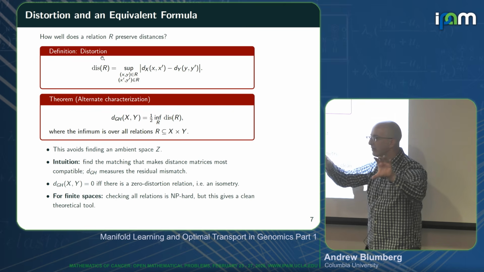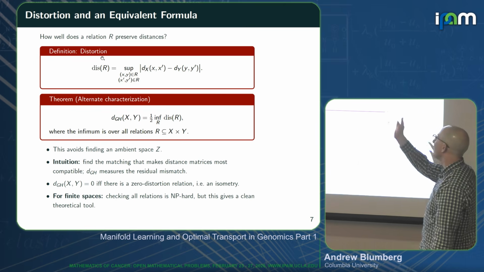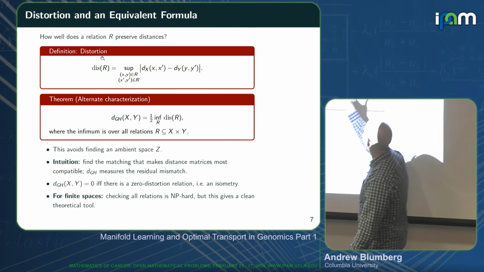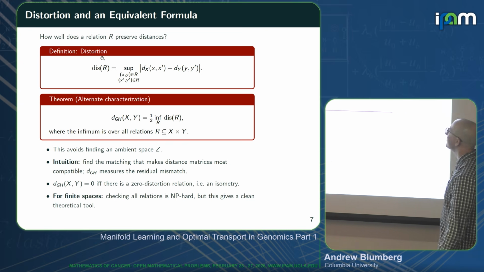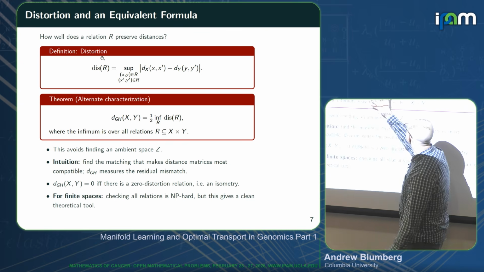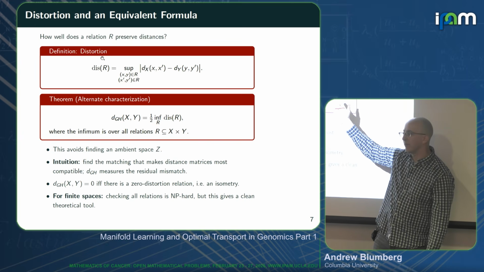And if they're not, that's a measure of how bad this matching is. And so this distortion, it's the worst pair for this kind of measurement. You take the absolute value of this difference of the distances. And it's a theorem, not obvious, that the Gromov-Hausdorff distance, in fact, is 1/2 times the best distortion.